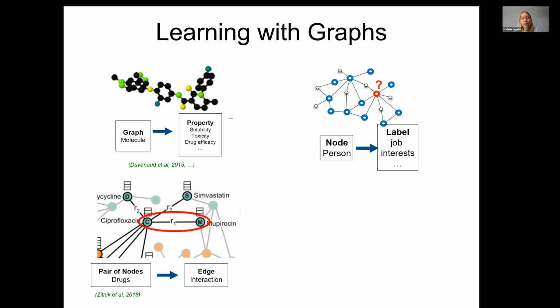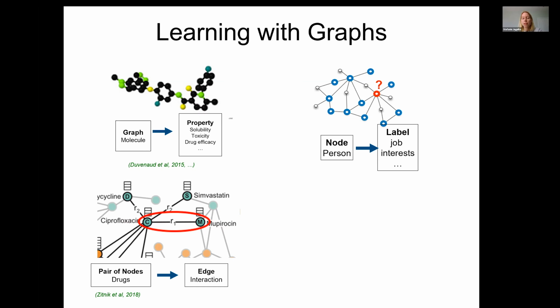Another example is that I'm trying to make a prediction about edges in the graph. So here the input is two nodes and their neighborhoods, and the output is whether there exists an edge, maybe an edge of a specific type in that graph. One example that is illustrated here is, again, for drug discovery, where you have a network of drugs and of proteins, and you have edges if the drugs react or basically bind to the proteins, and you have edges between the drugs if you have adverse side effects if you take the drugs together.